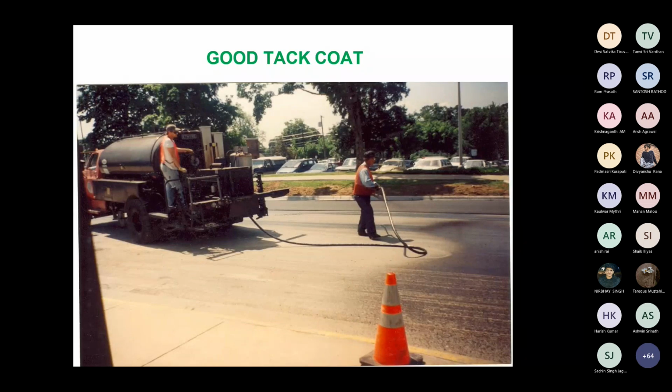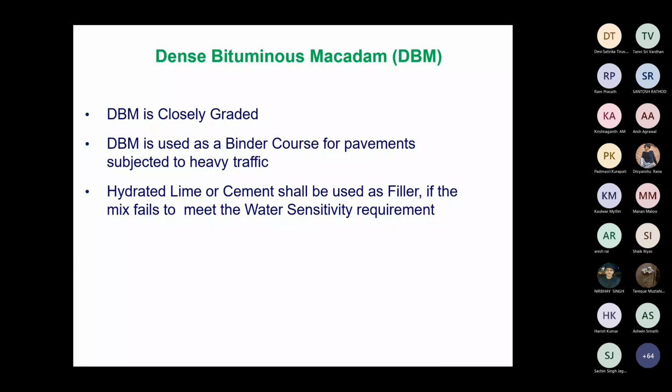It should not be that in some areas the tack coat is more and some areas are devoid of tack coat. If the tack coat is more, it will come out of the pavement. And if it is very less, proper bonding won't be there between the layers. So make sure that it is spread uniformly throughout the layer.